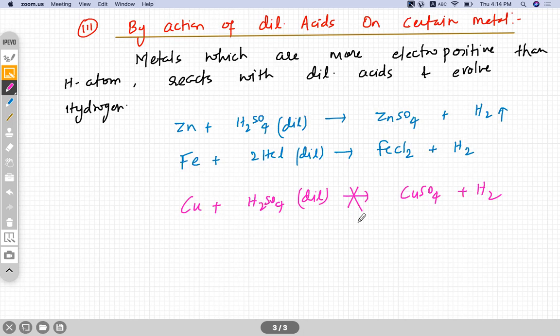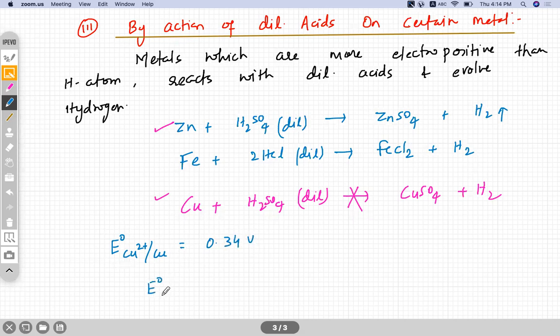The reason why zinc can displace hydrogen and not copper is the reduction potential. For example, the reduction potential of copper, when Cu2+ converts to Cu, is 0.34 volt.